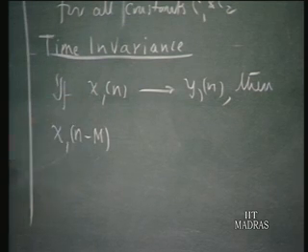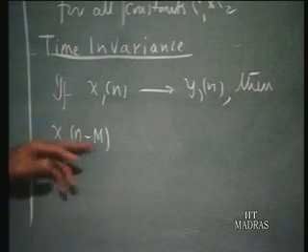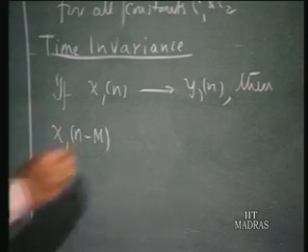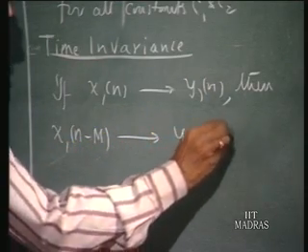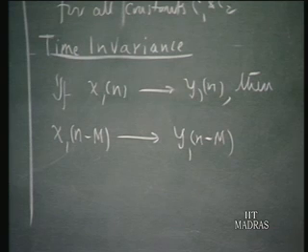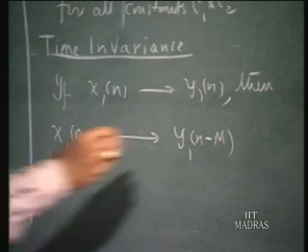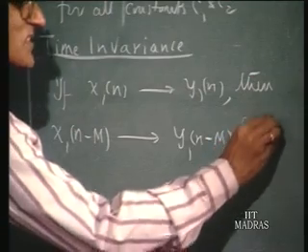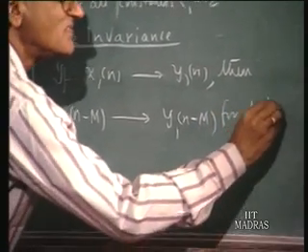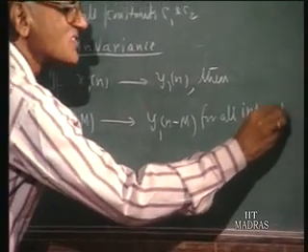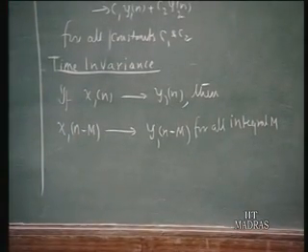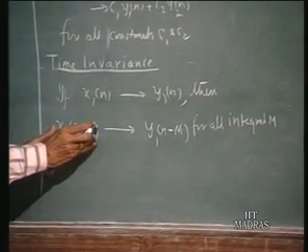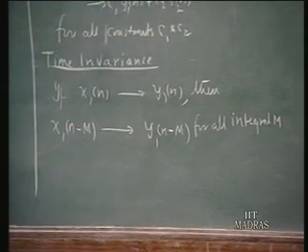That means the same signal is delayed by m sampling instants. Then the output will be a correspondingly delayed output quantity. Instead of y1 of n, we have y1 of n minus m for all integral m. It goes without saying that whenever we have an argument here, as far as discrete time systems are concerned, the argument must be an integer. So m is an integer.